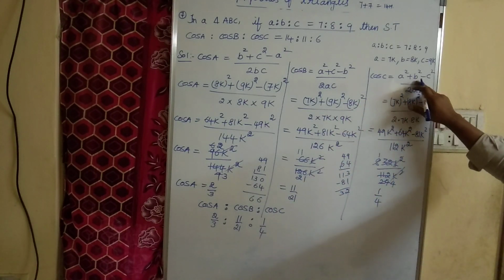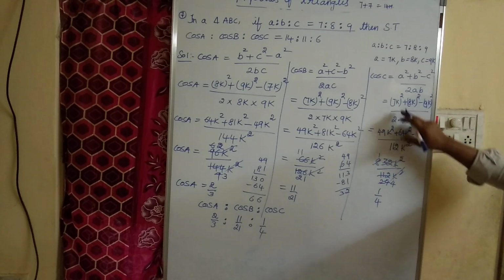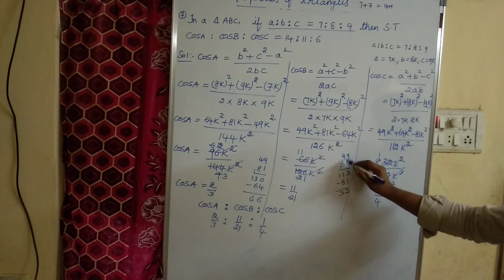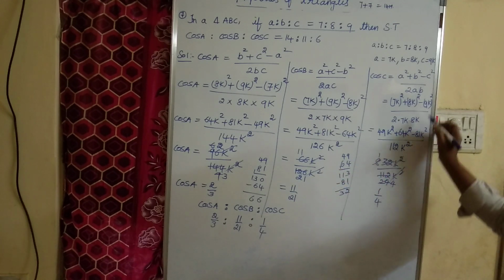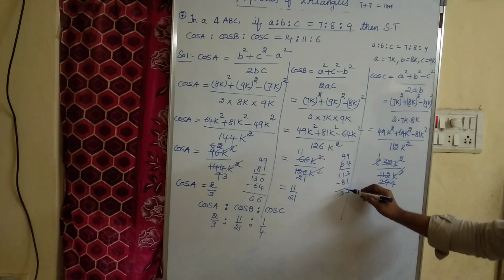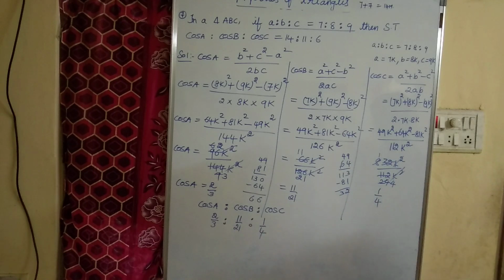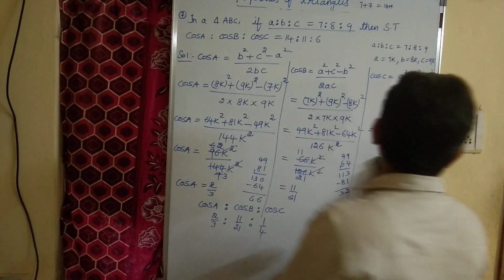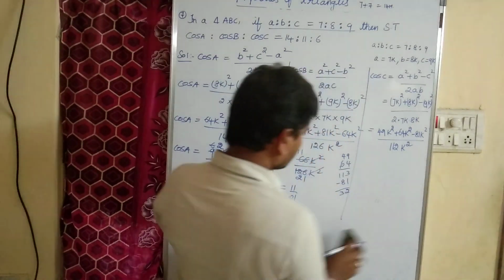So (a square plus b square minus c square) by 2ab. 7 square 49, 8 square 64, 49 plus 64 is 113, minus 81 is 32k square by 56 into 2, that is 112. So the cancellation went wrong, once you check it.